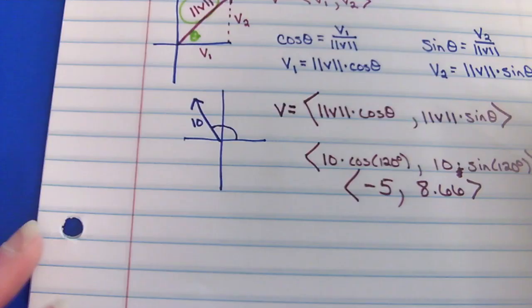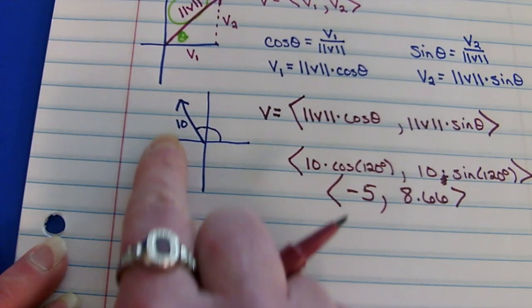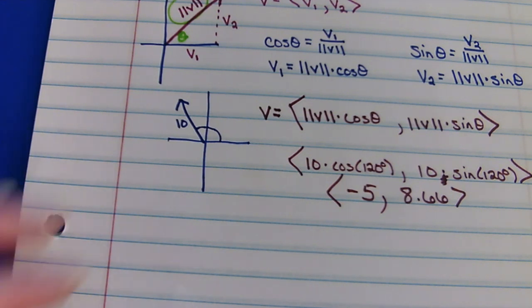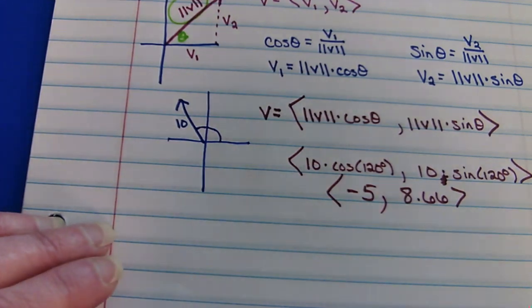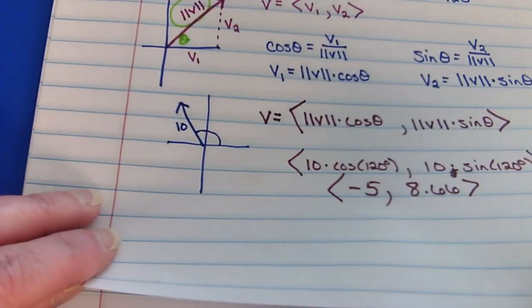And let's see if that makes sense. Would it be going left 5 and up 8.6? Yeah, it does make sense. I'm going to add to that, and I'm literally going to add to that.